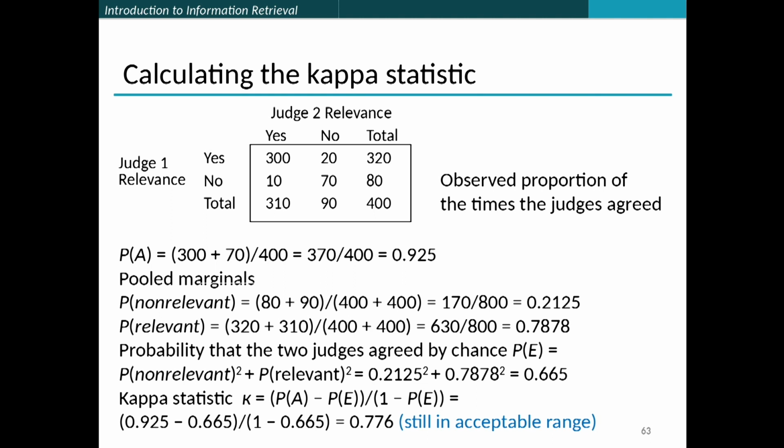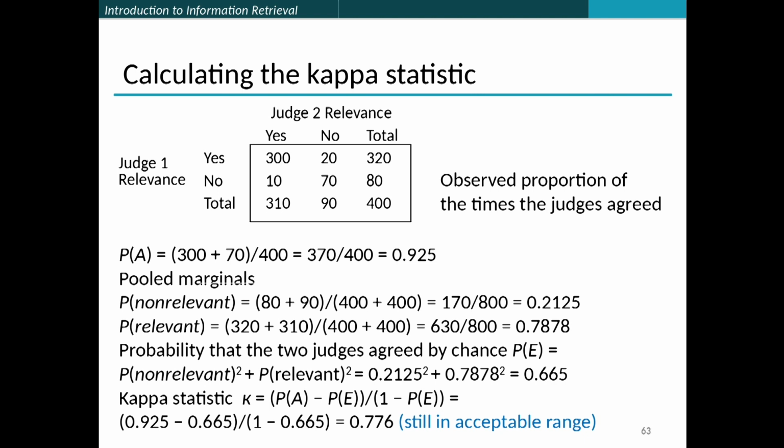Basically, they agree when both say yes or both say no. So both say relevant, or both say not relevant, for a given information need: 300 plus 70 over a total of 400. This is P(A), the proportion of times the judges agree. Notice that agreement does not mean only on the positive one, but also on the negative one.